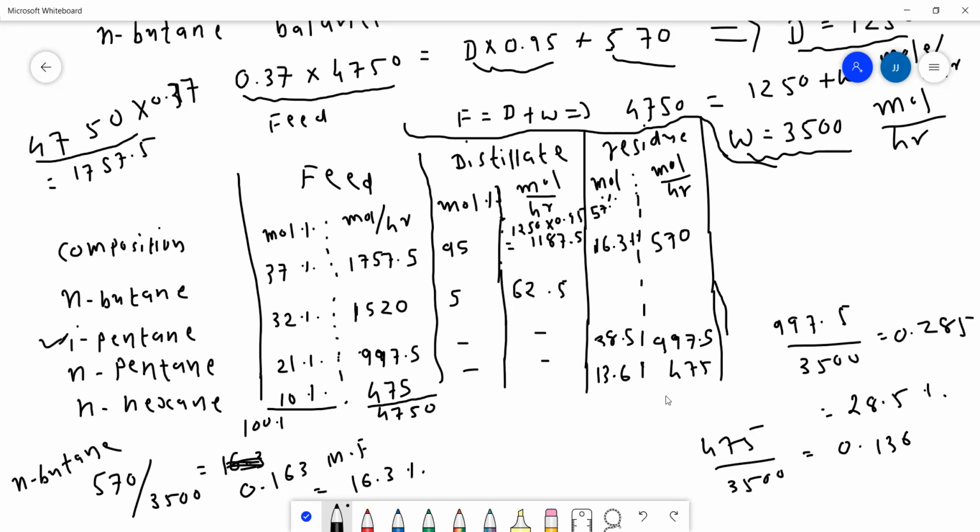Now, what is the flow rate of I-pentane? This is the residue. The residue flow rate is the total flow rate 3500, and the distillate flow rate is 1250.